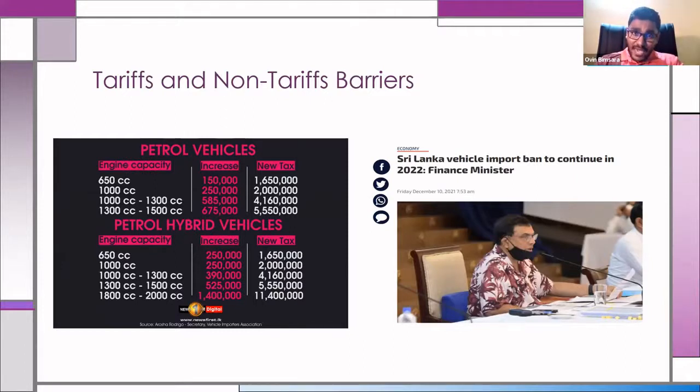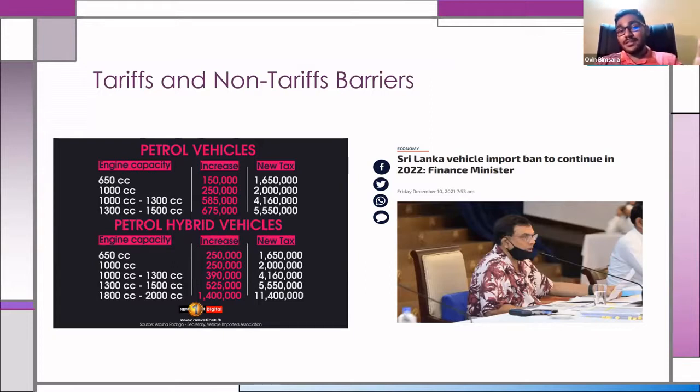Because of that, we were able to import motor vehicles from Japan or Germany or India or the US. So we could find brand new vehicles in Sri Lanka without a problem. Those days, Sri Lanka was putting excessive custom duties on vehicles being imported to the country.